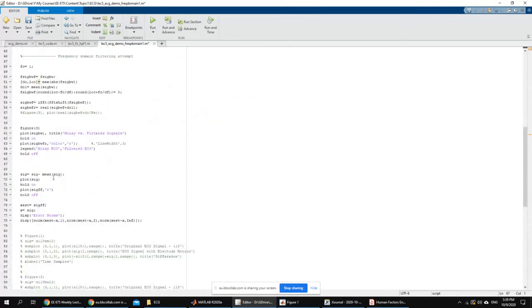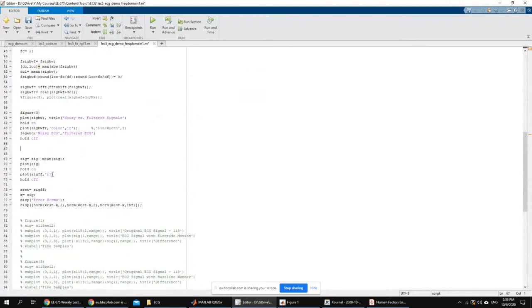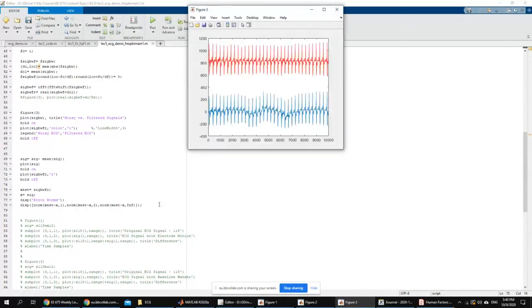SIG is already there. The signal baseline frequency, I think this is the one that is filtered here. So it's SIG, and I'll use it here also. Is there any error here?